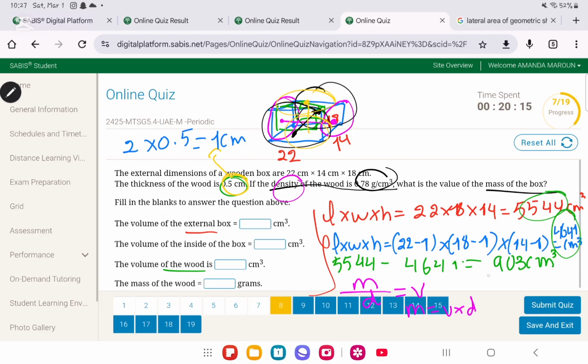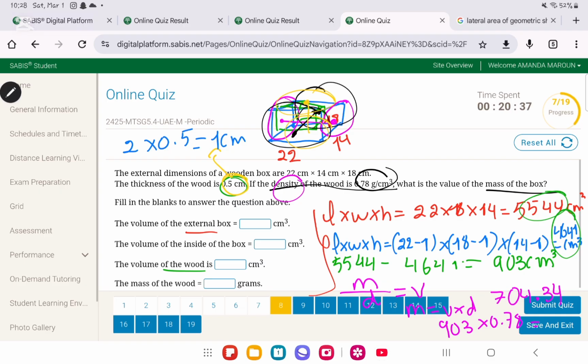So the volume of the wood is how much? It is 903 centimeter cubed times the density, which is 0.78. You multiply them together, and you are going to get an answer which is 704.34. So this is how you solve this question.